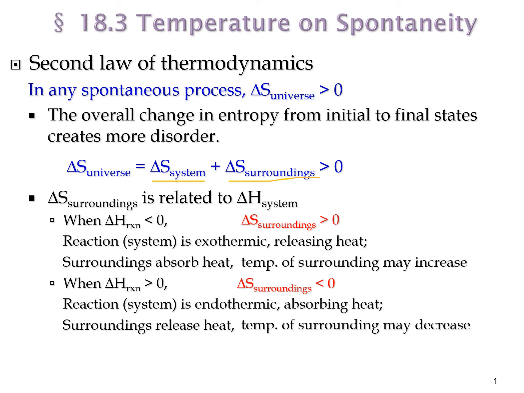They are either both less than 0 or both greater than 0. In this way, we can say delta H of the reaction is directly proportional to negative delta S of surroundings.